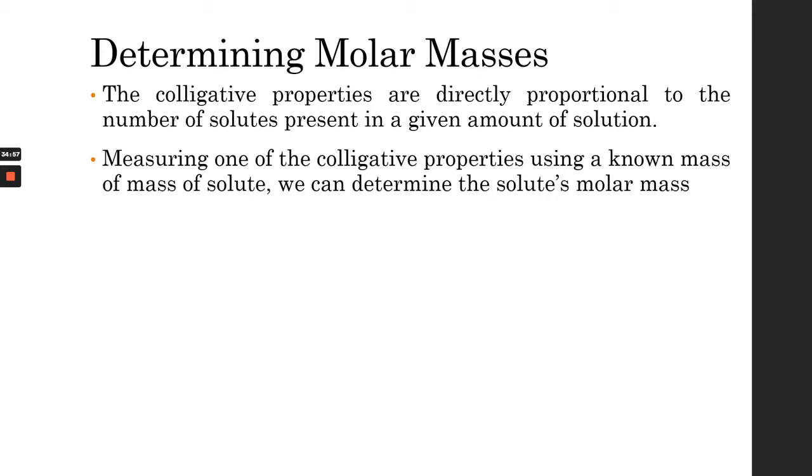Yung kailangan mo lang is yung info ng one of the colligative properties. So you just need one of either delta Tb or delta Tf. So knowing one of these plus a known mass of your solute, you can determine the molar mass. So how can we do that?